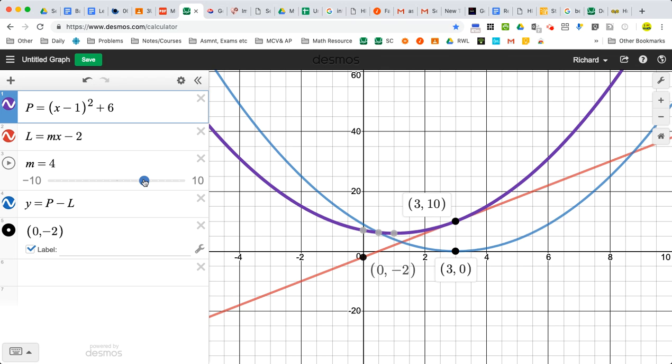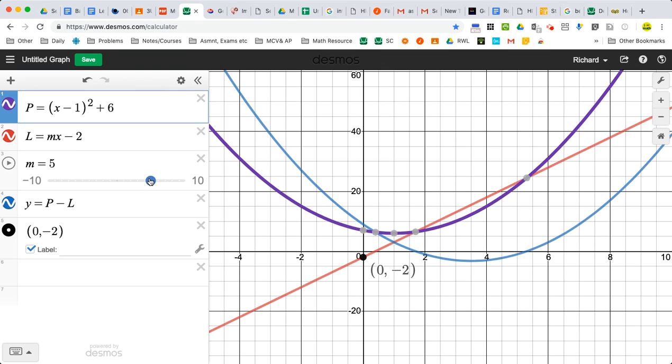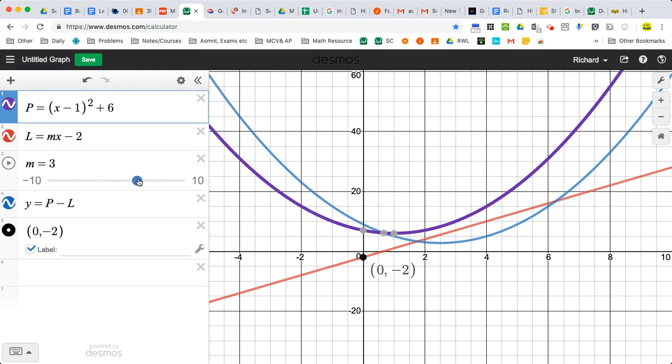Now, if I take this M and move it off, so there's no intersection point, what do you notice about how the blue curve moves? Does the blue curve have any x-intercepts? No. The blue curve cannot have x-intercepts if there's no intersection point, right? There's always a positive distance between them.